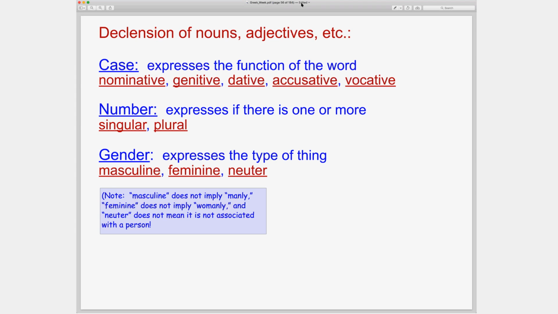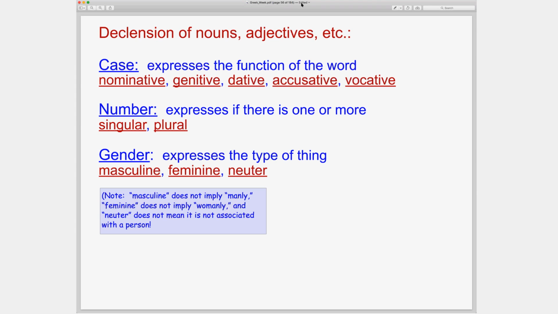And I've got a little note here that words are categorized as either masculine, feminine, or neuter. So if you see a word, masculine does not imply manly, feminine does not imply womanly, and neuter does not mean it's not associated with a person.